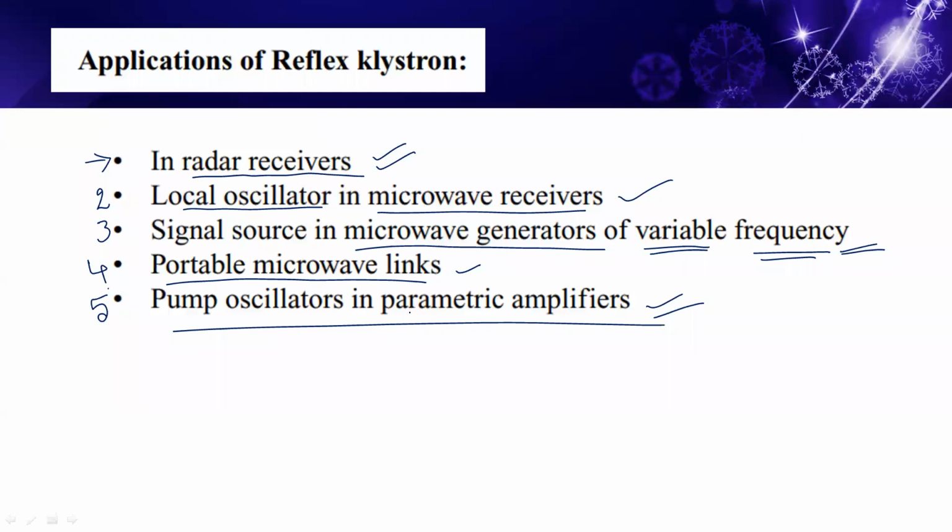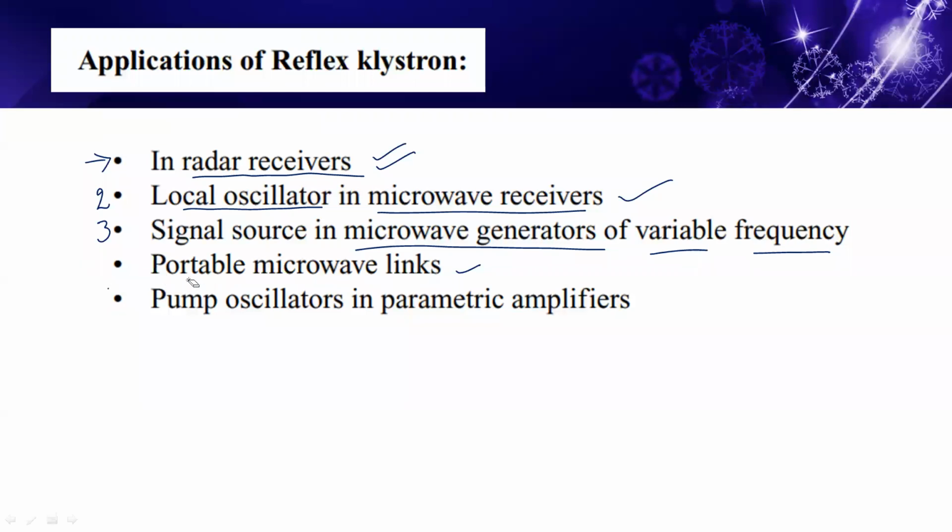So in parametric microwave guide amplifiers, oscillator design. Oscillator designs are required for making all these, with the reflex klystron as a small component. Clear? So this slide indicates the applications of the reflex klystron.